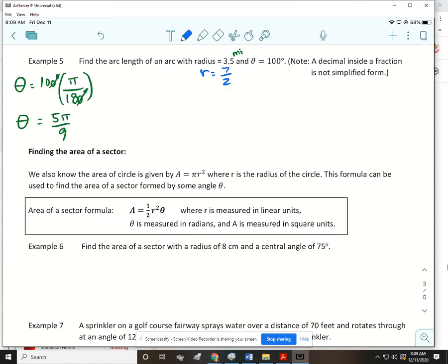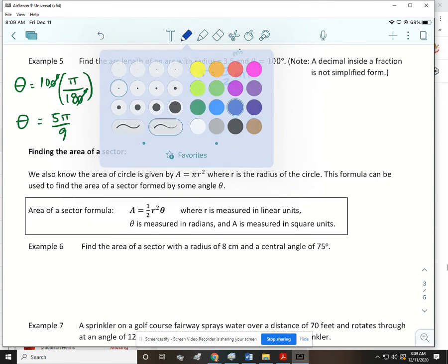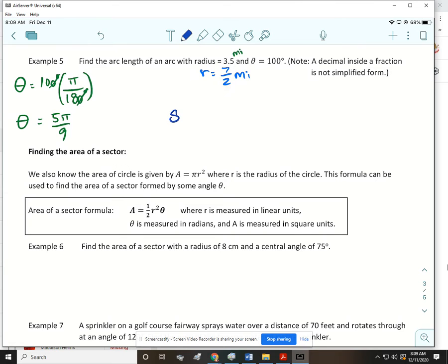So I would change my radius to 7/2 miles. So now when I find s, I'm multiplying 7/2 times pi over 9, which is going to give us 35 pi over 18 miles. All right, so that's arc length.